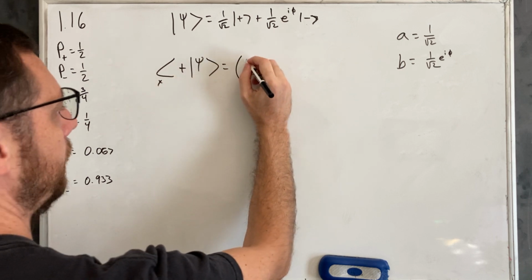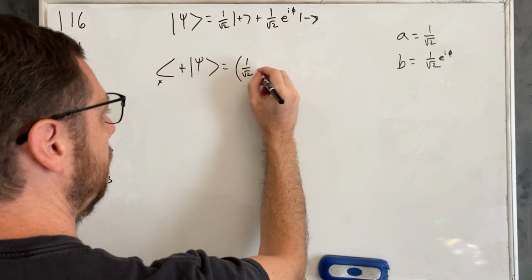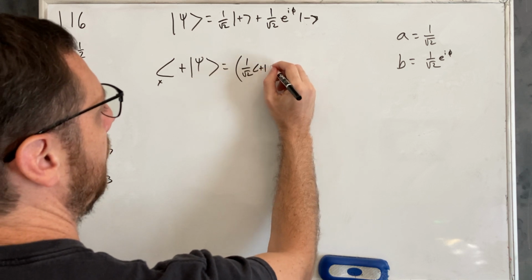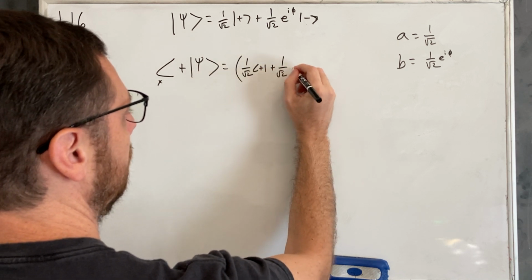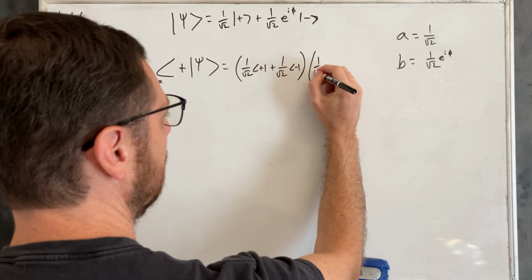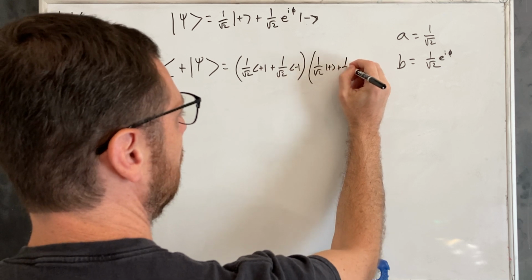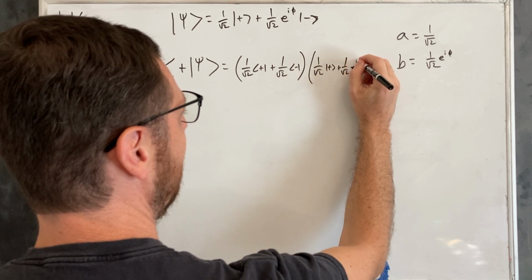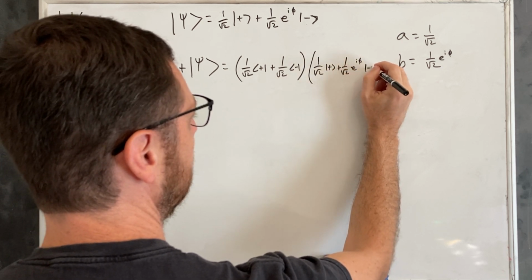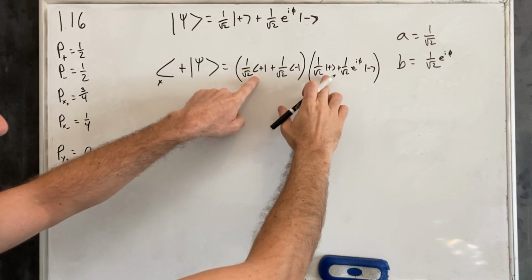And again, just like before, we're going to have the up bra for the x, so 1 over root 2 up plus 1 over root 2 down, times our state here, so 1 over root 2 up plus 1 over root 2 e to the i phi down. Okay, so for the up direction, we keep up and up.